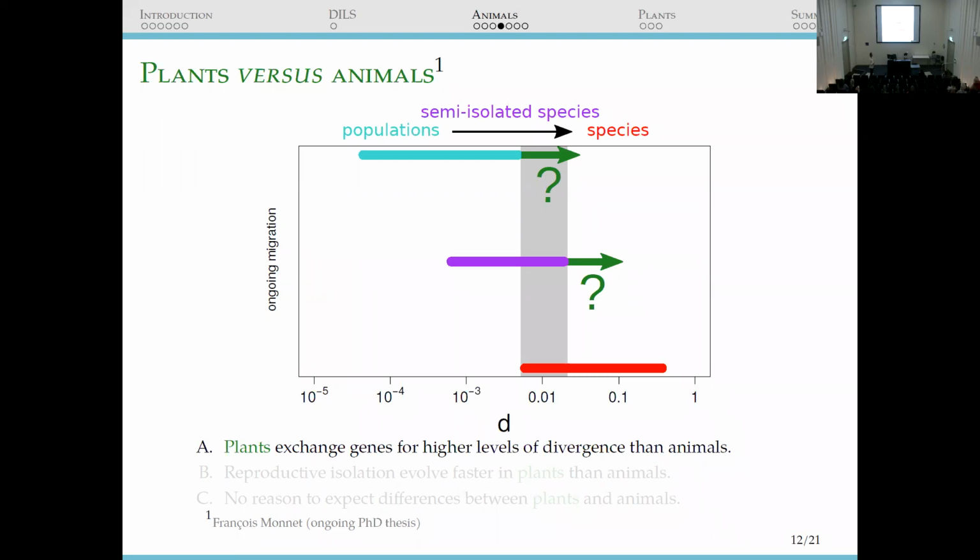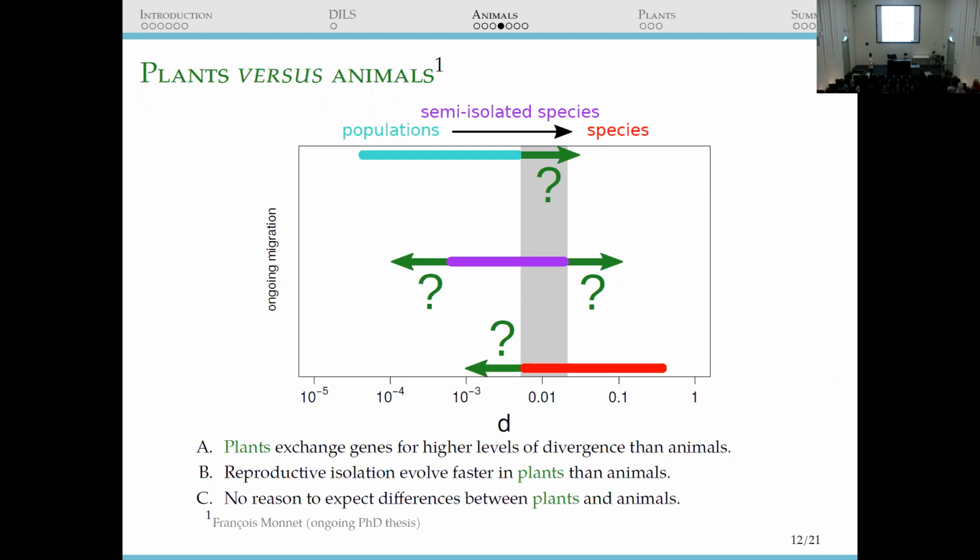No. Maybe it's the opposite. Maybe reproductive isolation evolves faster in plants than animals. So in this case, in plants, we will observe a shift to the left. Okay. So maybe there is no reason to expect differences between plants and animals. I'm pretty sure that most of you have some a priori, because the literature is full of a priori about this question.